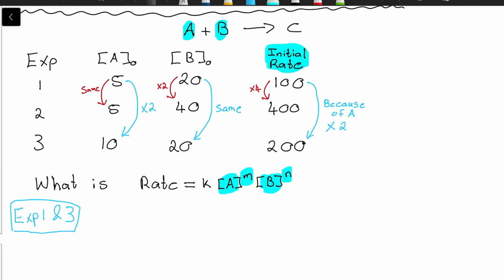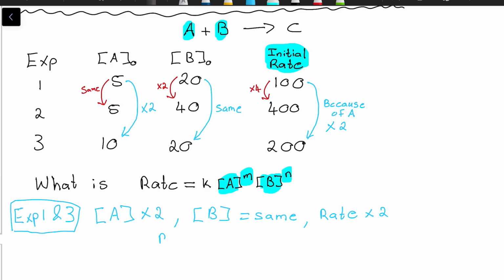So in experiment 1 and 3, we said the concentration of A is doubled. The concentration of B is the same, right? And the rate is doubled. So what does that mean?